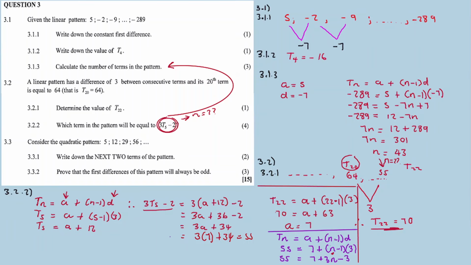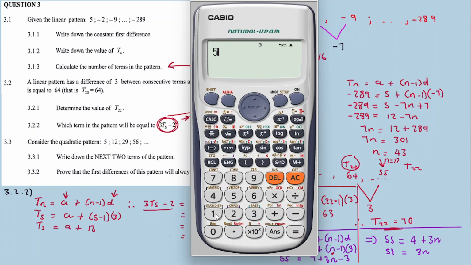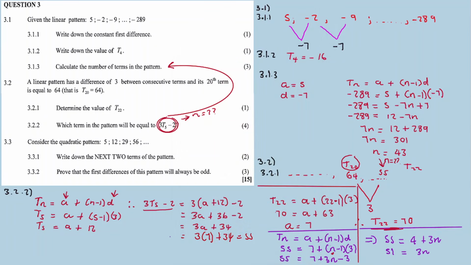Simplify the bracket, I get 3n minus 3. 7 minus 3 is 4, so 55 is equal to 4 plus 3n. Transposing 4, I get 51. Then 51 divided by 3 gives the value for n. So n is equal to 17.